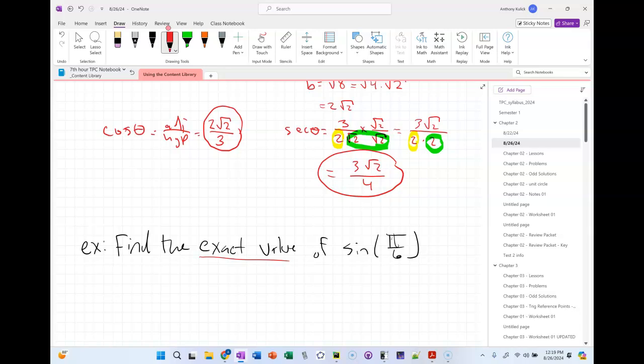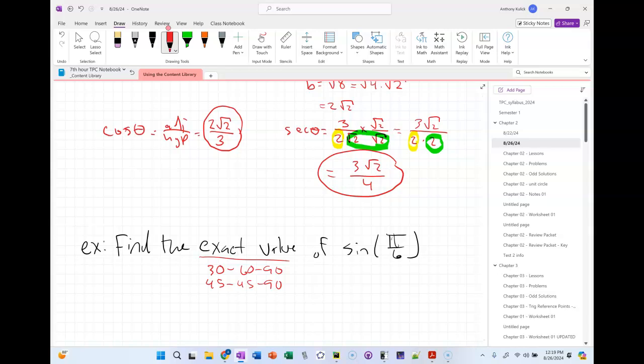We're going to be using a 30, 60, 90 or 45, 45, 90 triangle. So we're going to be stuck doing one of those two. So when we have an exact value for sine, cosine, tangent, etc., we know we're going to be using one of those guys. But Mr. Kulik, those are degrees.